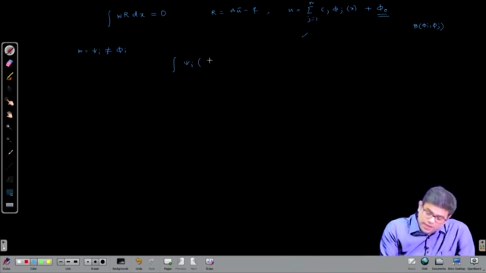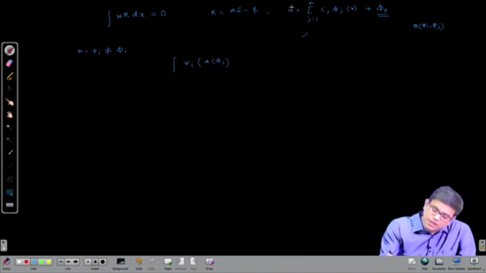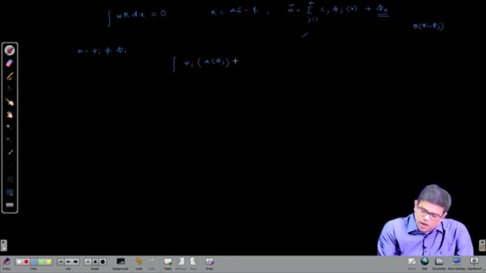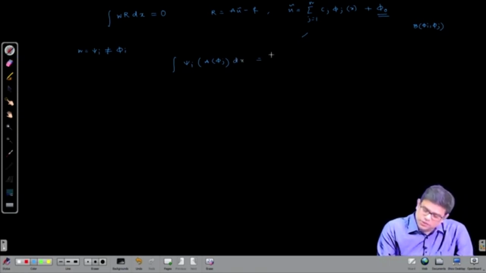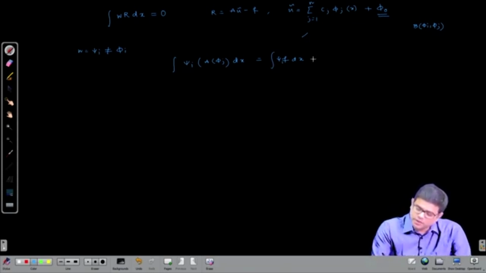So now here I will write A of phi j, because u tilde I have approximated like this, and then I can write this as equals to integral psi I f dx, equals to integral of f into psi I dx, and we will have this term due to this. So integral of psi I A of phi 0.